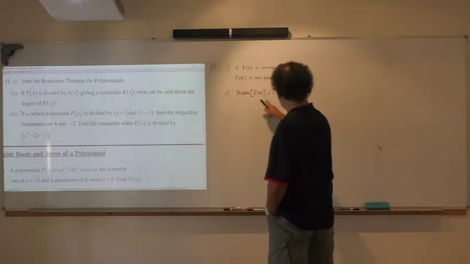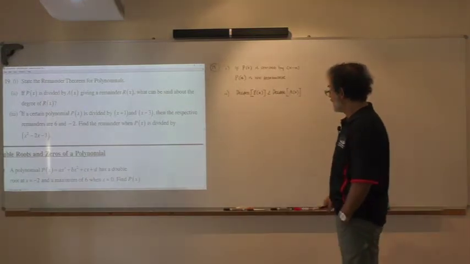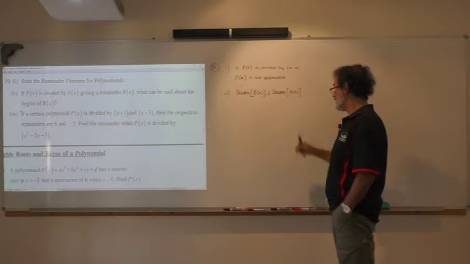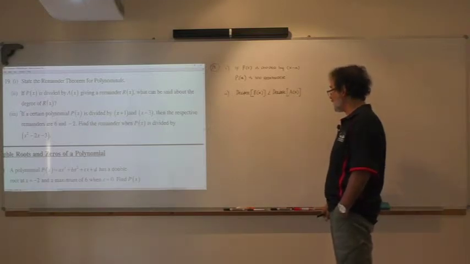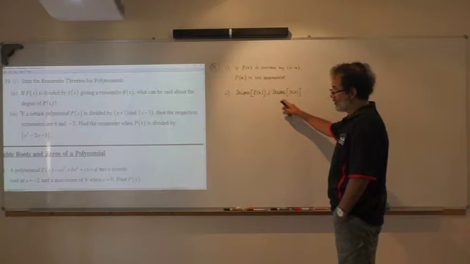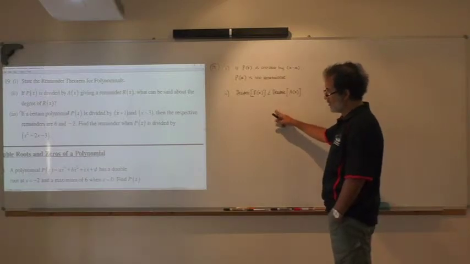The degree of the remainder is always lower than the degree of the divisor. And this is something that we're going to be using for the next part of this question.